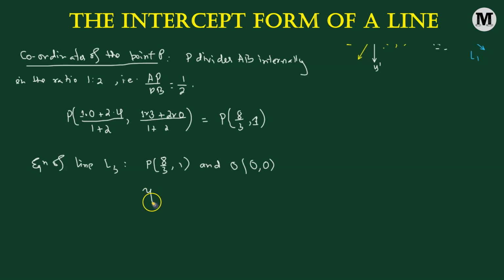So here we have y minus y1, where y1 is the y coordinate of the origin, that's 0, equals to y2 minus y1, so 1 minus 0, divided by x2 minus x1, that's 8/3, multiplied to x minus 0.